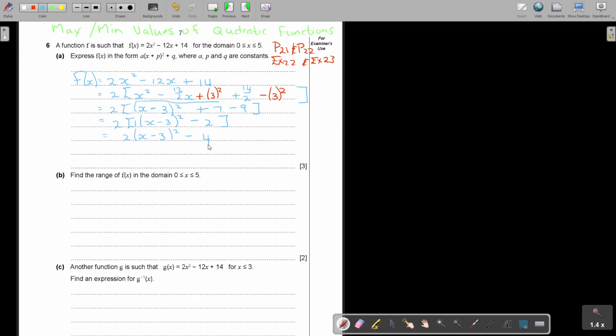Find the range of f(x) in this domain. But now be careful, it's not open. It has a restriction on that domain. So where do I find this in the textbook? So find the domain and range of functions.